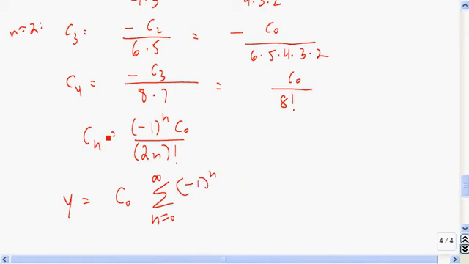Okay, c sub n is the coefficient of x to the n, so x to the n over 2n factorial. And notice that the coefficient of c0 is supposed to be 1, and it does follow that pattern. If n is 0, this is 1. This is 0 factorial, which is 1. And x to the 0 is, even though 0 to 0 doesn't work, that's kind of our shorthand for 1 as well. Okay, so that's our solution coming from r is equal to 0.